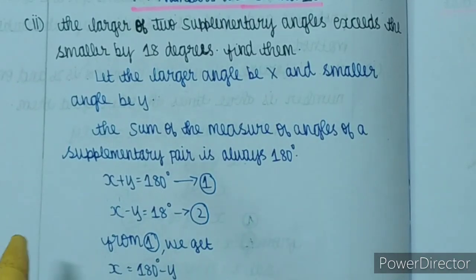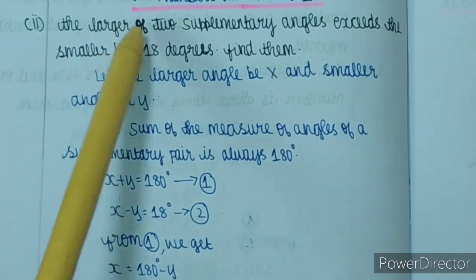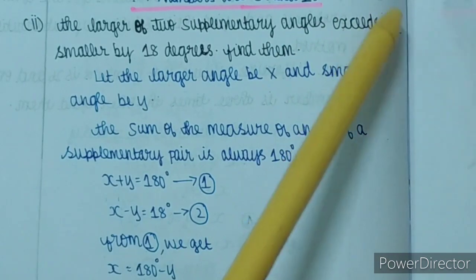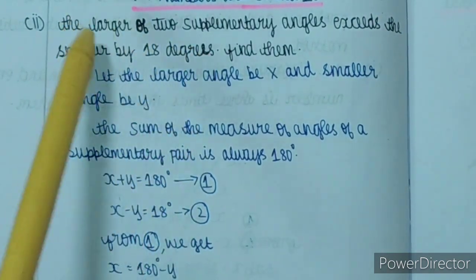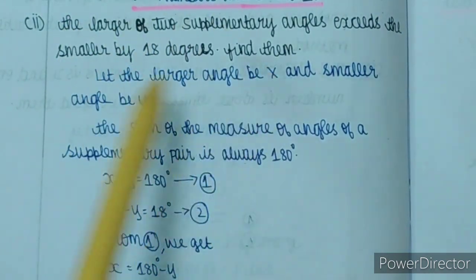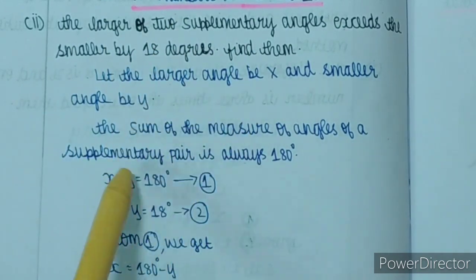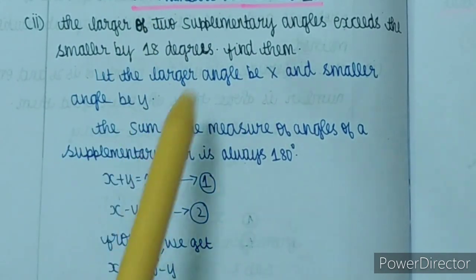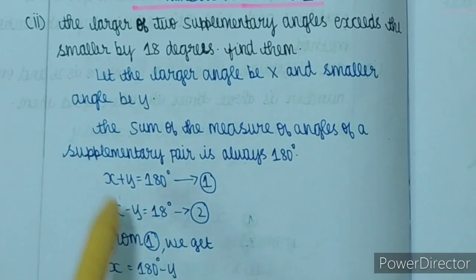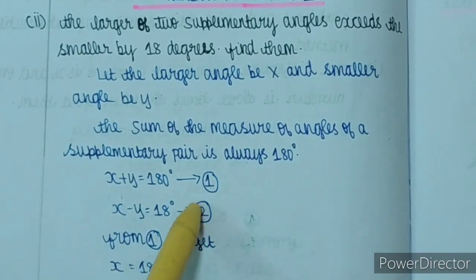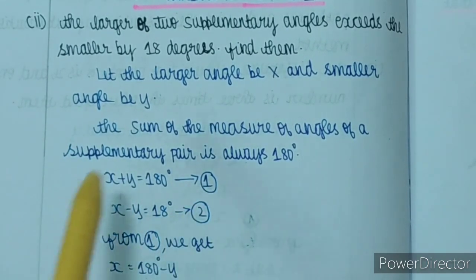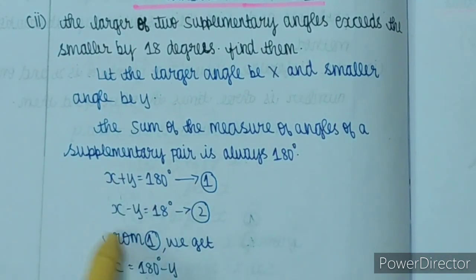And also what they have given in the question, the larger of two supplementary angles exceeds the smaller by 18 degrees, means the larger angle x minus the smaller angle y is equal to 18 degrees. So this is the second equation. Now we have formed the two equations.